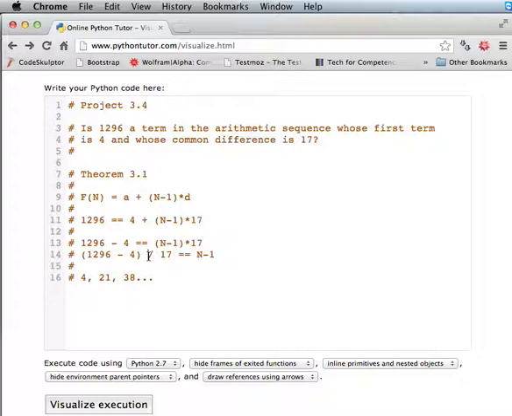Now, you know, in Python, if you use this division sign, you're going to get an integer anyway, unless you do something like this, right? But we can do something even a little bit trickier.